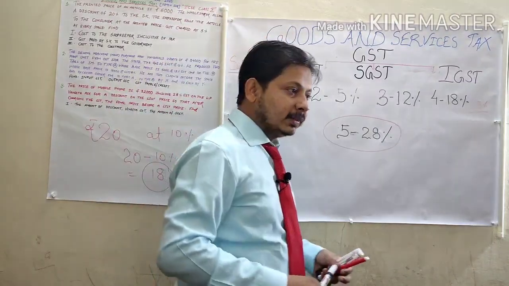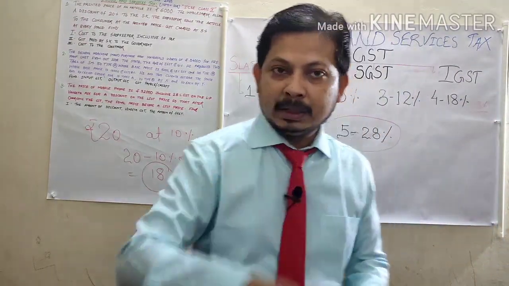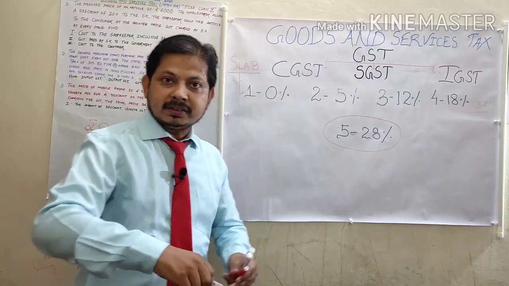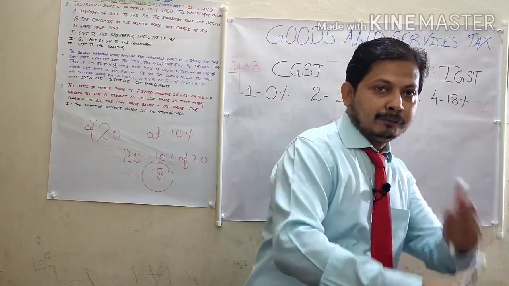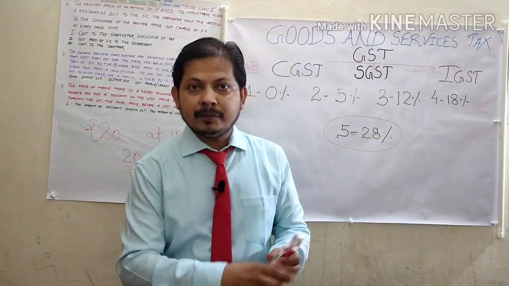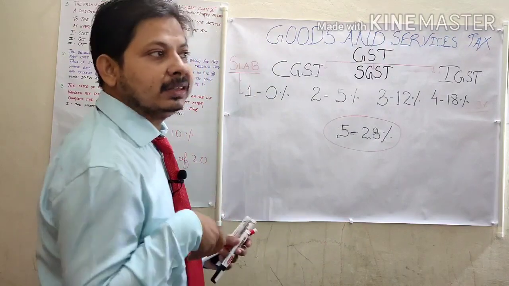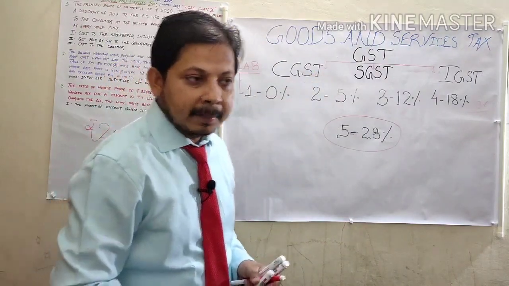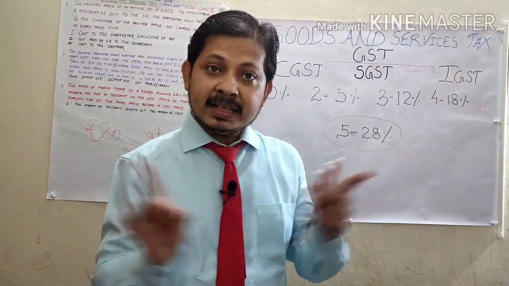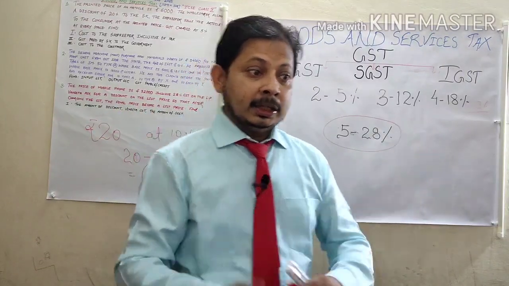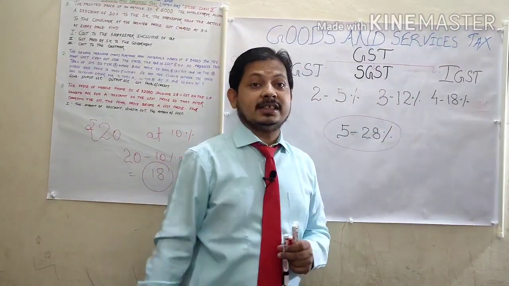For this pen Nitin sir needs ink, a cap, plastic. So Nitin sir will first of all invest here, and for this investment Nitin sir will buy some raw material. For that raw material Nitin sir is going to pay some GST, but that GST Nitin sir will take from the customer, and the difference between the two GSTs Nitin sir is going to pay to the government. That is the phenomenon of GST.